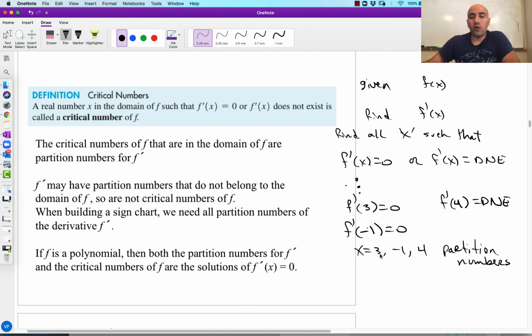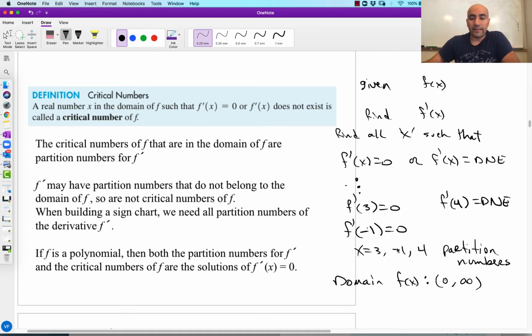Good. Now we come back and we check the domain of f of x. Maybe it turns out that the domain of f of x is just all positive numbers, from 0 to infinity. So that would mean that negative 1 is not in the domain. If it's not in the domain, that means this partition number is not going to qualify as a critical number.